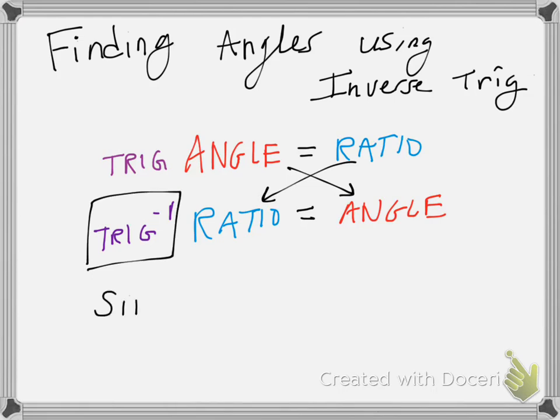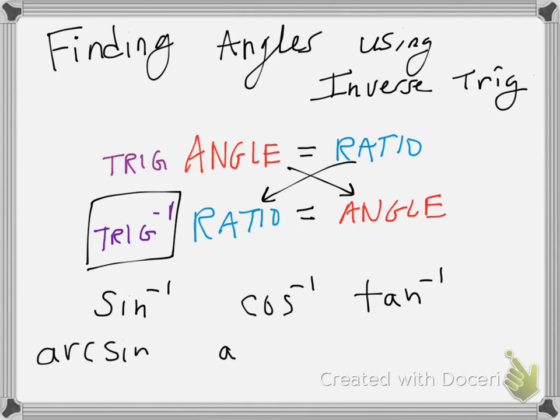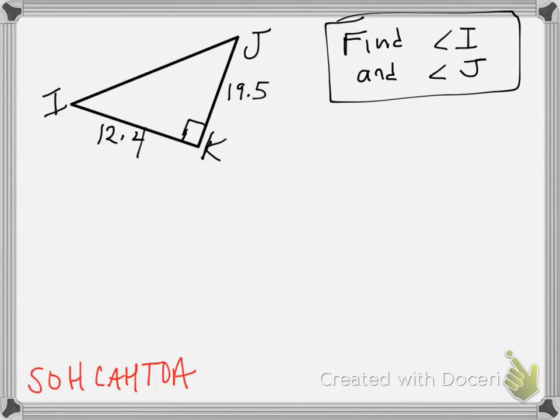These are inverse sine, inverse cosine, and inverse tangent, also known as arc sine, arc cosine, and arc tangent. You use the inverse ratio to produce the angle, right? They're going in opposite directions, as this shows. Okay? So let's see that in practice.